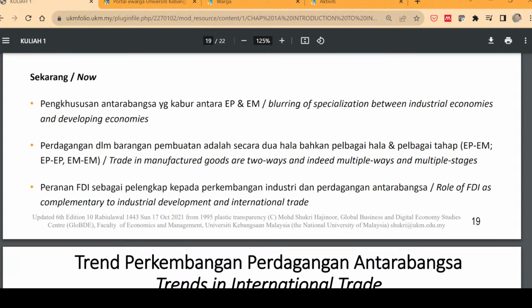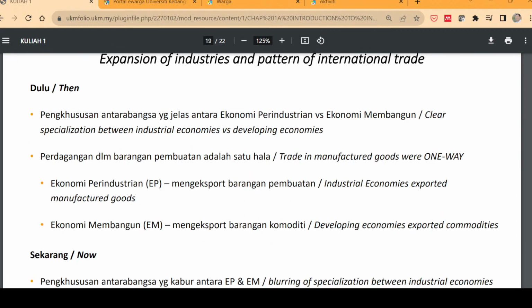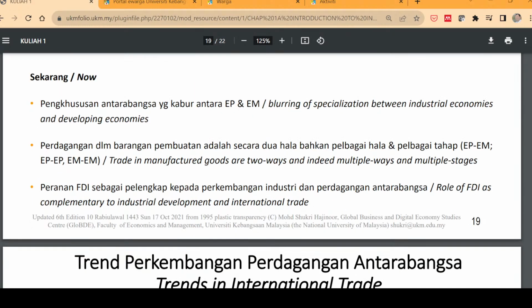Now there's no longer one way for manufactured goods. We're talking here about manufactured goods, goods that come out from the manufacturing sector. In the past, one way. Now, two ways, and also multiple ways, and multiple stages too.